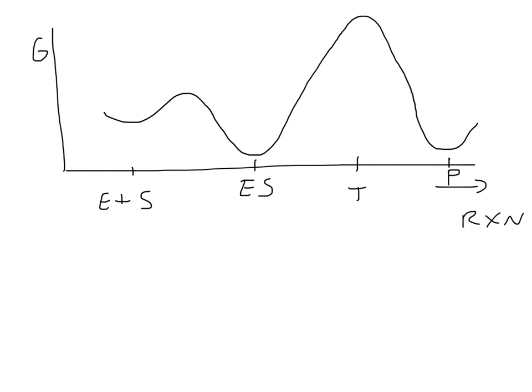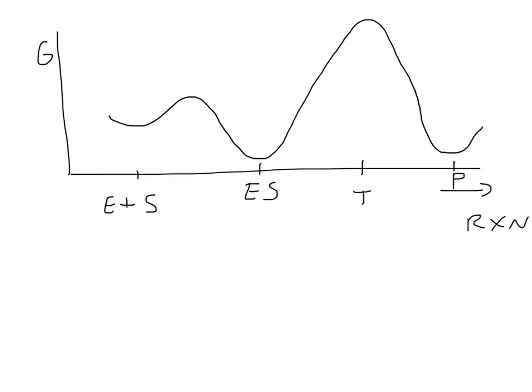Okay, on this diagram, the transition state energy, or the activation energy, is represented by this distance here. So that's our delta G double dagger. That's the activation energy.